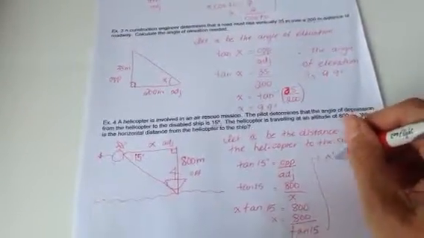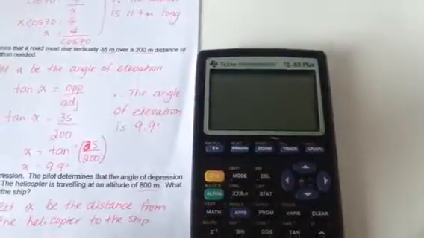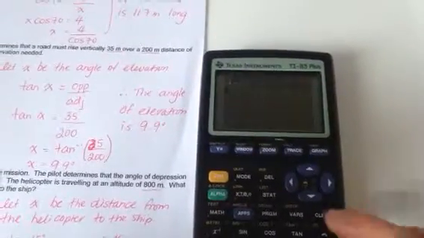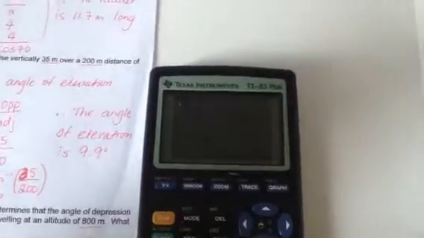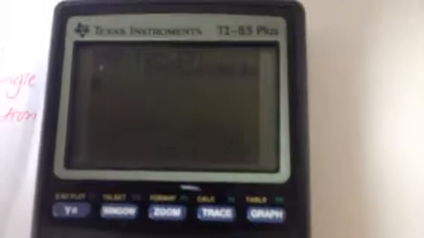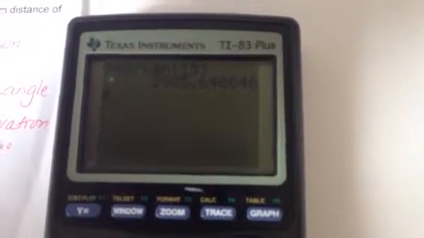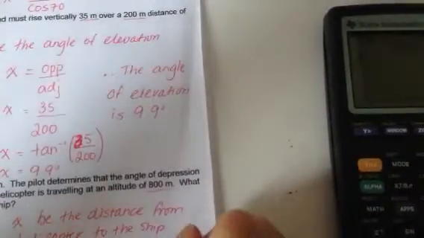Okay, and this is just plugging this into your calculator. So 800 meters, oops, my calculator's not on. 800 meters divided by tan 15 is equal to 2,985.6 meters.